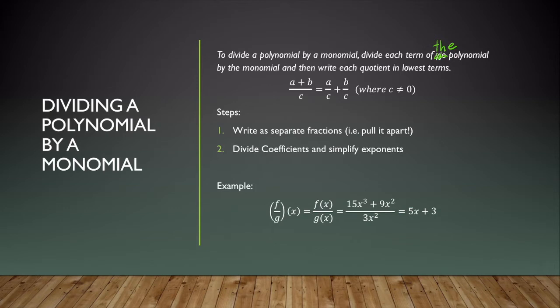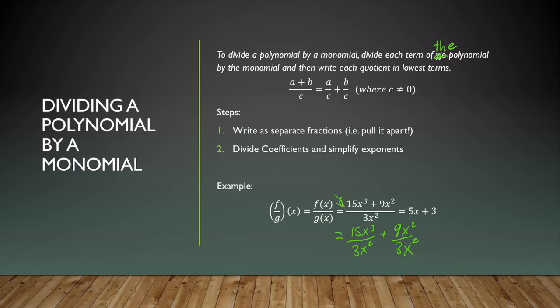So I have f of x divided by g of x, where f of x is 15x cubed plus 9x squared, and g of x is 3x squared. So how would I simplify that? I could pull that apart. I could write that as 15x cubed over 3x squared plus 9x squared over 3x squared. Note that if I went ahead and added these two fractions, I'd get back to what we had originally.